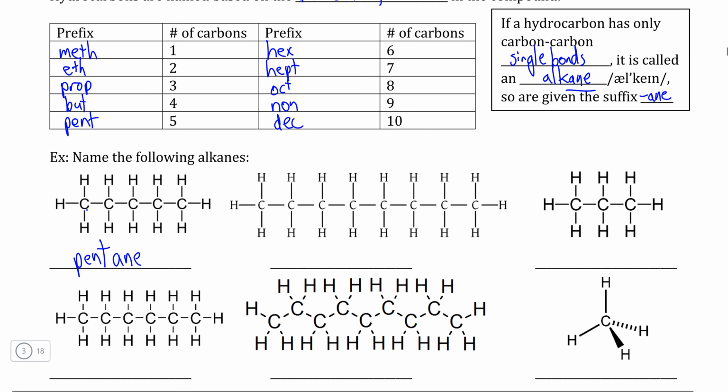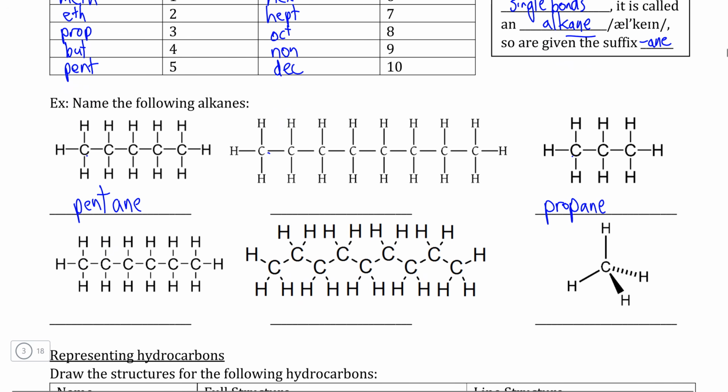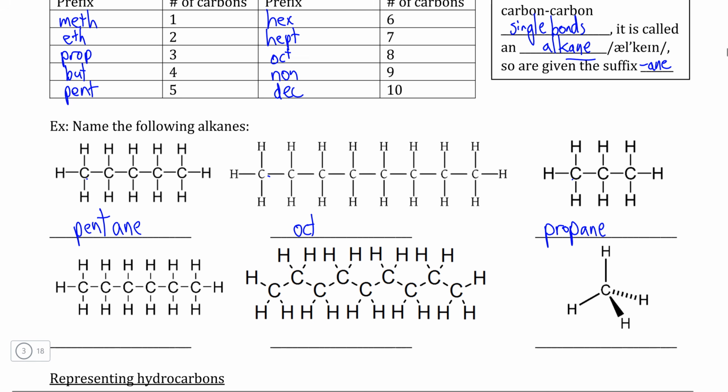If we name an easier one here, this one only has 3, we see the prefix for 3 carbons is not tri, it's actually prop, and therefore we would call this propane, which is indeed the gas that is found in barbecue tanks. This rather long one here has 1, 2, 3, 4, 5, 6, 7, 8, and we know the prefix is oct, and again, carbon to carbon single bonds implies that this is octane, and this is the principal hydrocarbon that exists in gasoline.